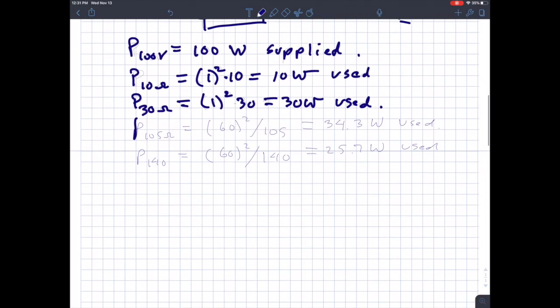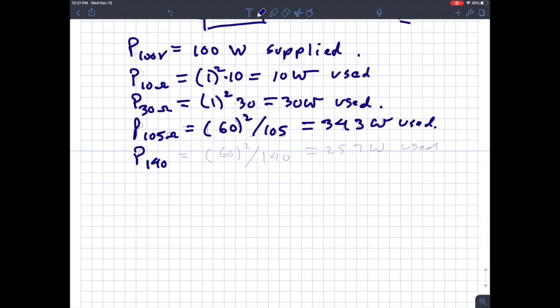The power in the 105 ohm resistor is 60 squared divided by 105, which turns out to be 34.3 watts, and it's a resistor, so it's used. The power for the 140 ohm resistor is 60 squared over 140, which is 25.7 watts used.